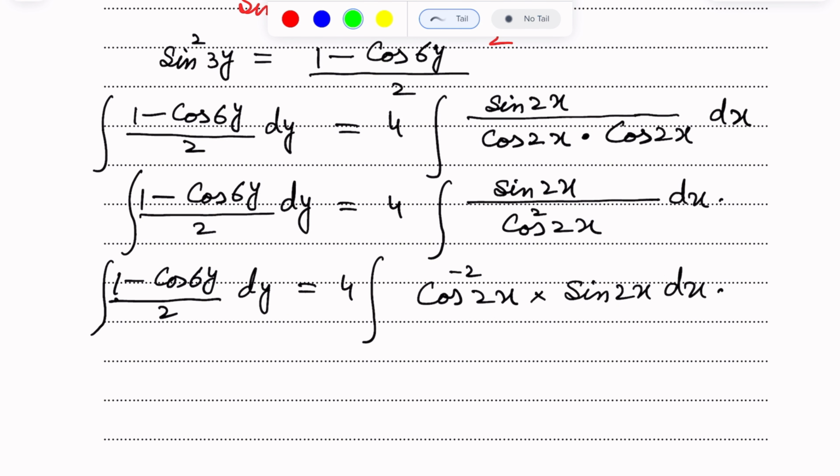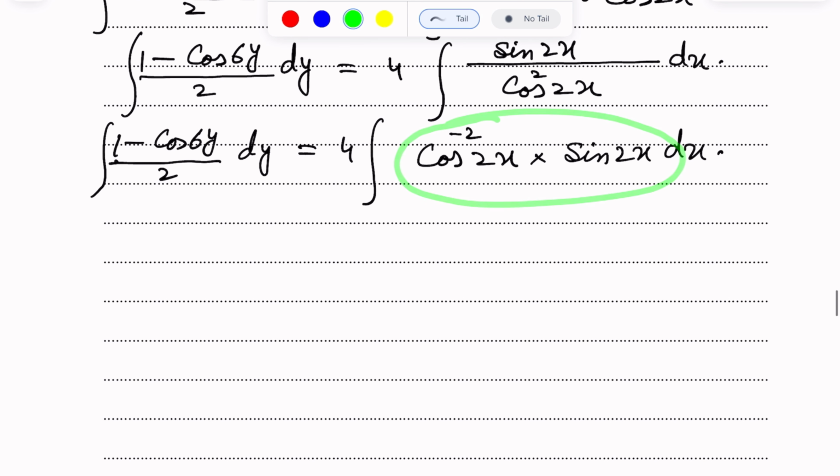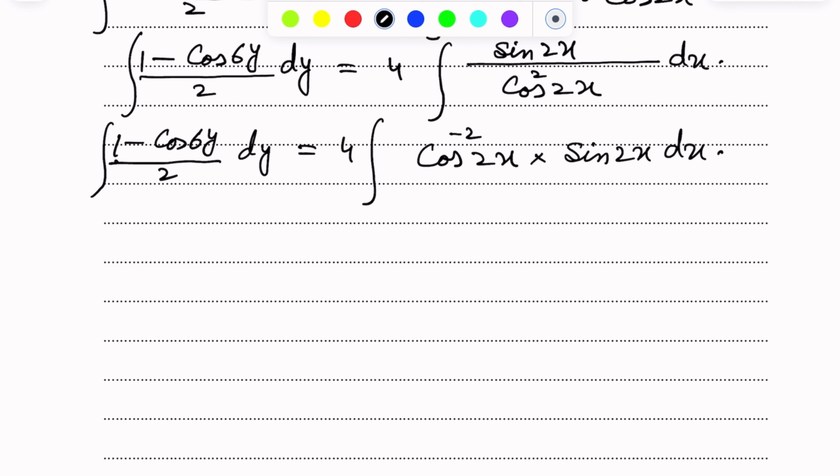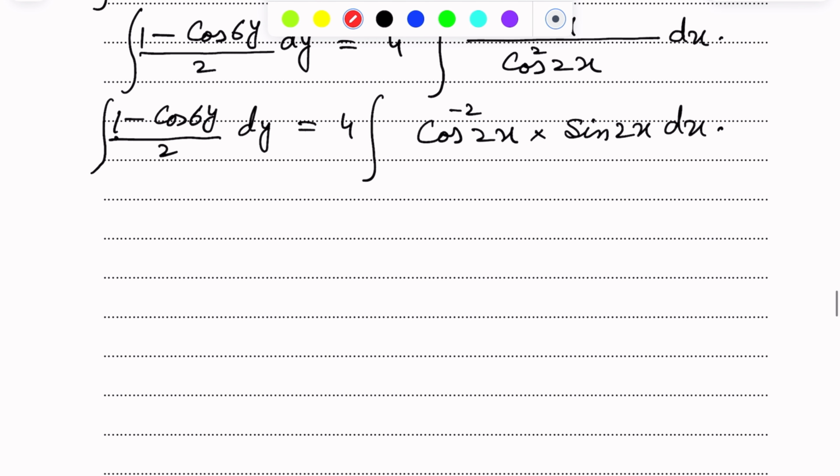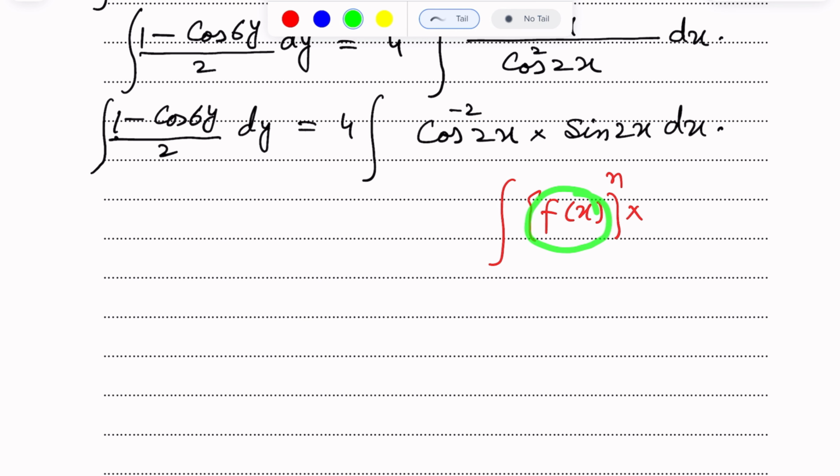It is very clear that the differentiation of cos 2x is minus 2 sine 2x. On the right hand side, to integrate this function, we are using this formula. This is the formula for integration of the function f(x) power n multiplied by the derivative of this function f(x), that is f dash x.